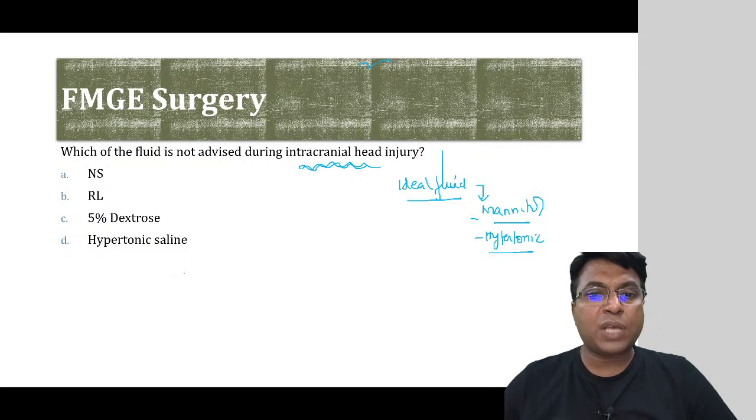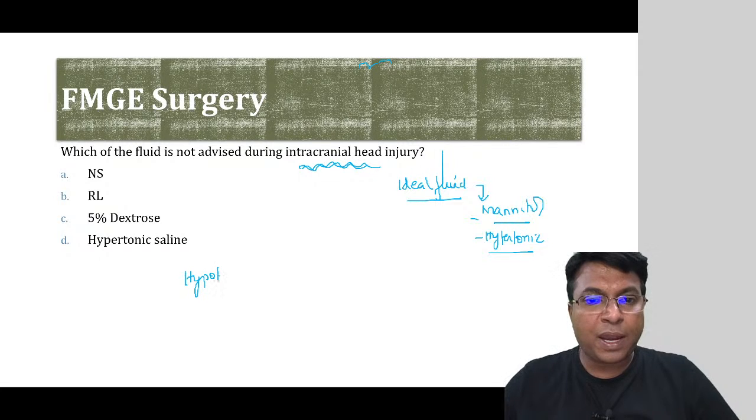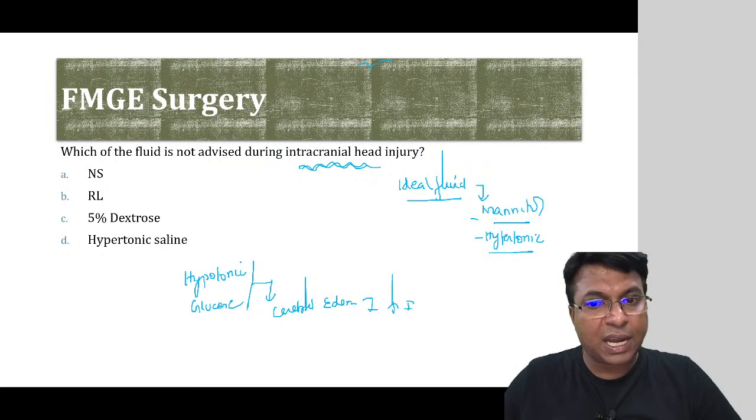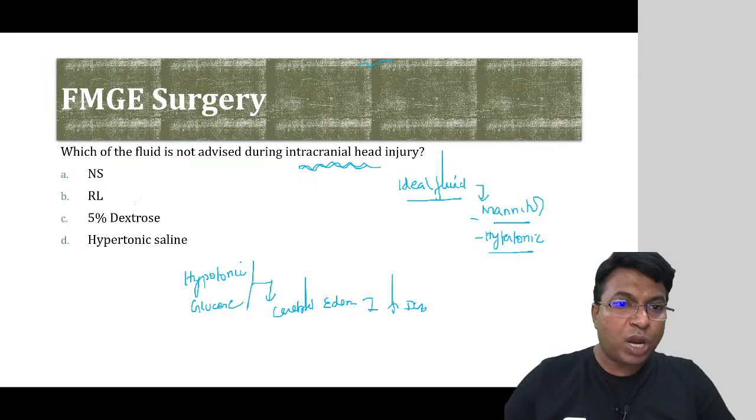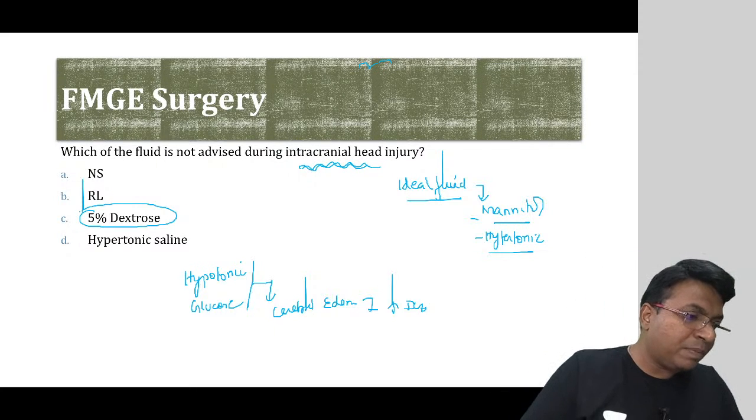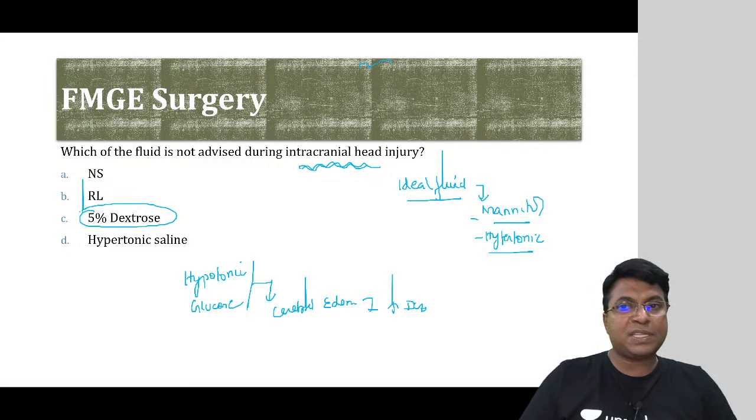You should not use hypotonic solutions and glucose containing solutions. Hypotonic and glucose containing solutions will cause cerebral edema, and that will cause increased intracranial pressure. So the fluid that is contraindicated is 5% dextrose. Please remember, the answer here is 5% dextrose.